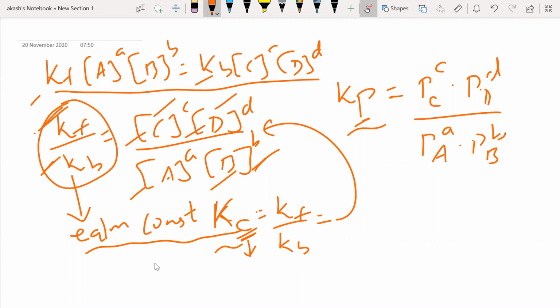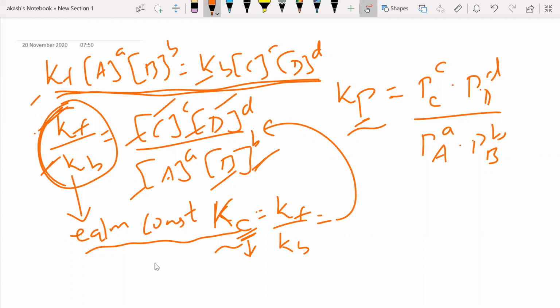But for both of them, you have to remember the derivation, because they might ask you. Very simple. You write a reaction at equilibrium. You go for the law of mass action. You put Rf is equal to Kf into A power a into B power b. Same way you do for the backward reaction. Rb will be equal to Kb into C power c into D power d. Then what happens at equilibrium? At equilibrium, the rate of the forward reaction is equal to the rate of the backward reaction. So if you do that, you will end up with this equation.